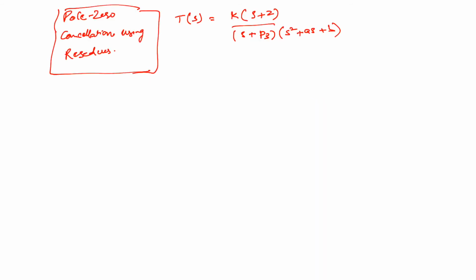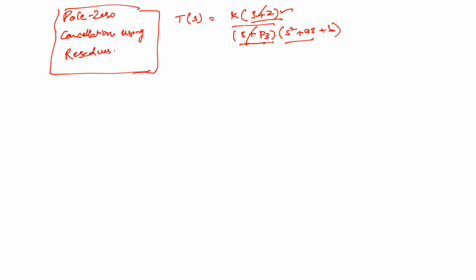Now we discuss pole zero cancellation using the residues. Let us suppose that we have a three pole system in which one zero is there. And if the pole term cancels out with this zero term, then we are left with only k divided by s square plus as plus b.